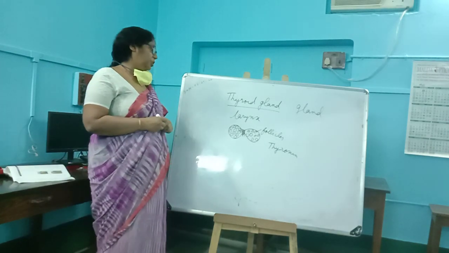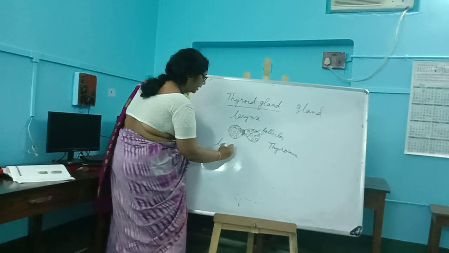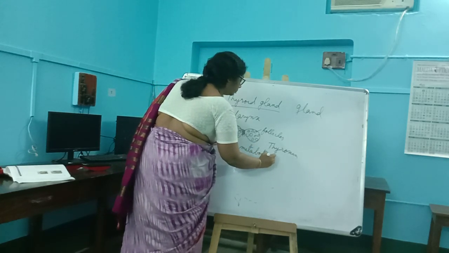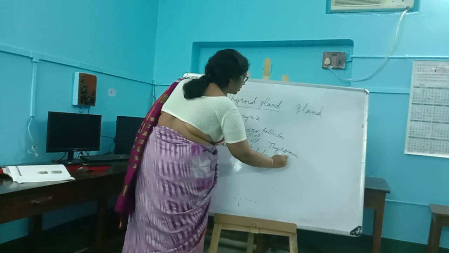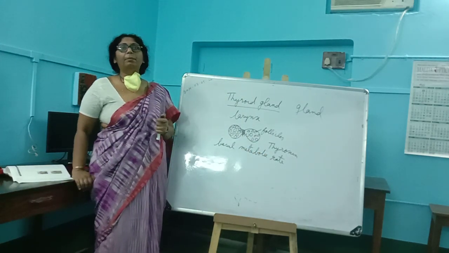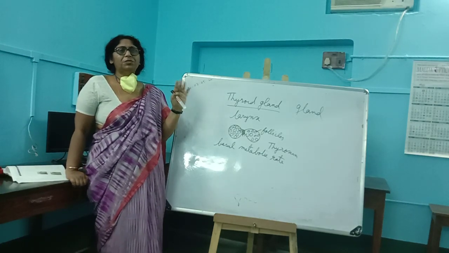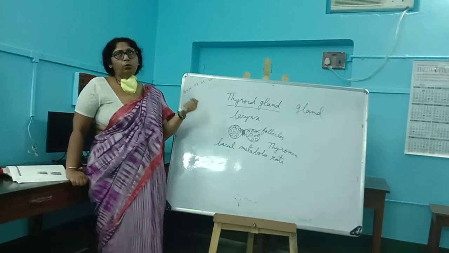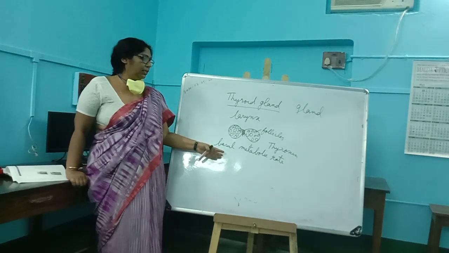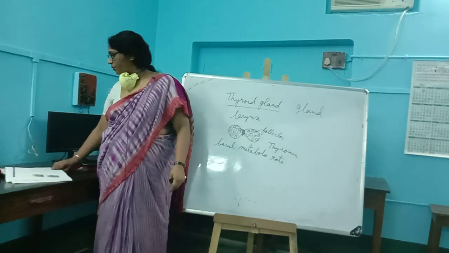So this term you have to keep in mind, BMR, that is basal metabolic rate. In short, we call it BMR. That means it just controls the metabolism of the body, because it brings about the metabolism of glucose, proteins and fats, and the general energy level also it is maintaining. So that is the main function of the thyroxine produced by the thyroid gland.